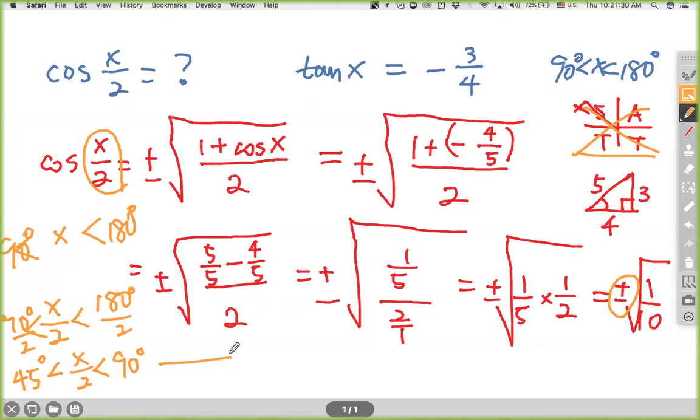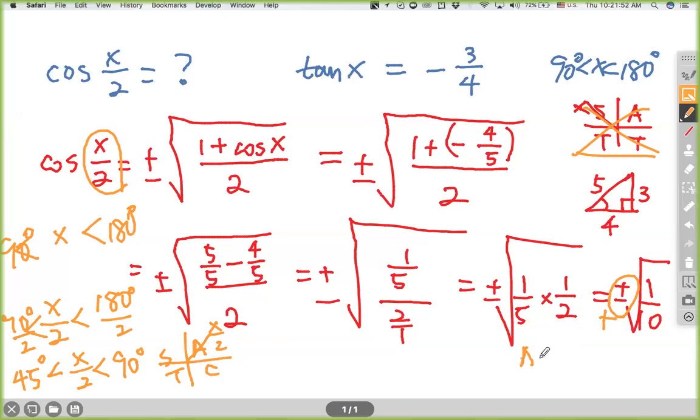So x over 2 is actually in quadrant 1. Quadrant 1 is A, which means all functions are positive. So we take the positive sign for the cosine value of this angle.